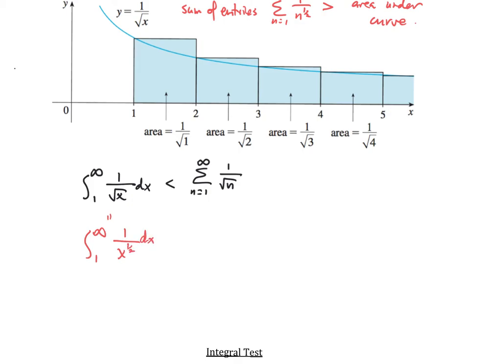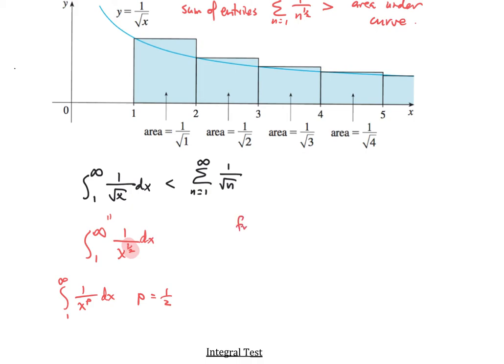If I take a look at this exponent, that exponent is 1/2. So really, this is an integral of the form 1 over x to the p as we go from 1 to infinity dx, where p is equal to 1/2.